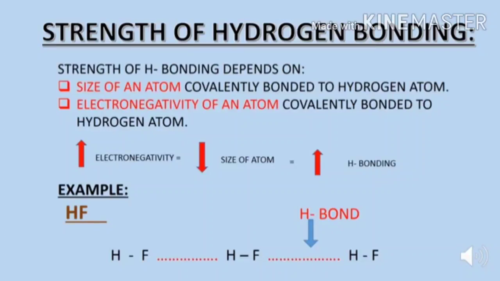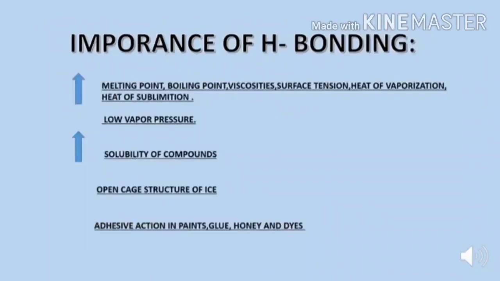For example, the boiling point of water is much higher as compared to hydrogen sulfide due to the presence of hydrogen bond. In a similar way, the boiling point of ammonia is greater than the PH3 molecule. In a similar way, the boiling point of the HF molecule is greater than hydrochloric acid.